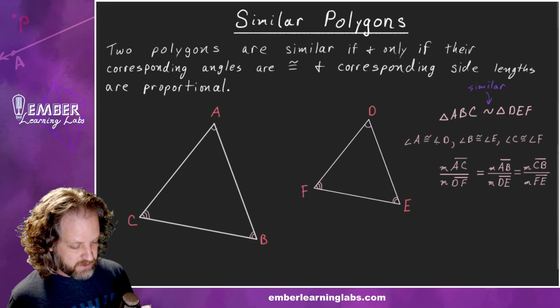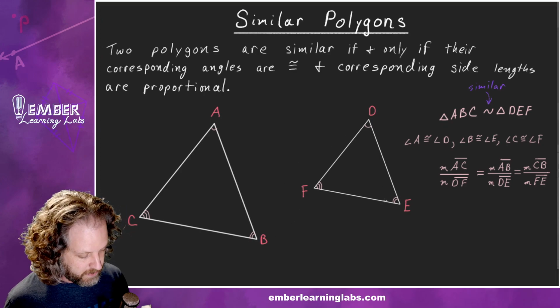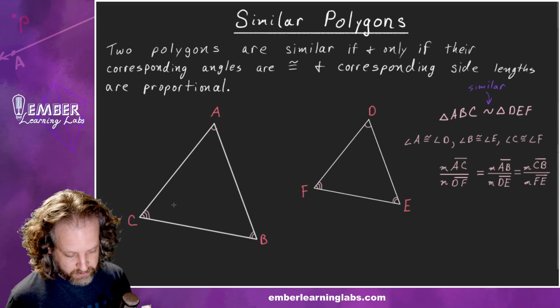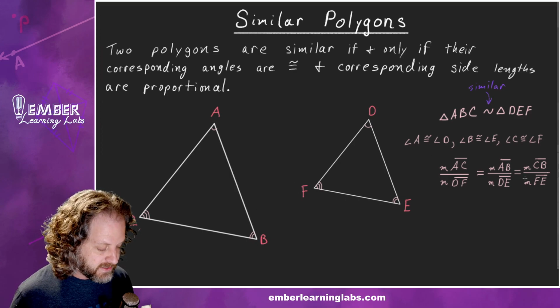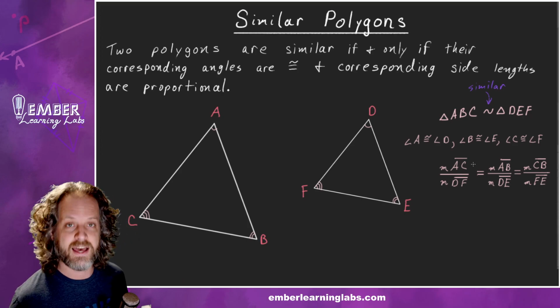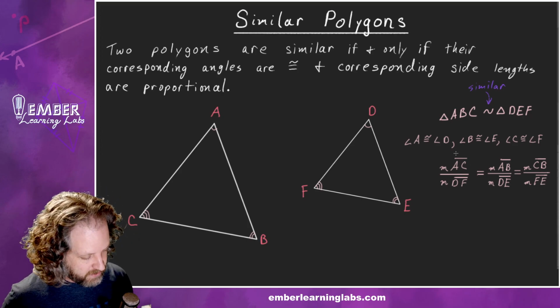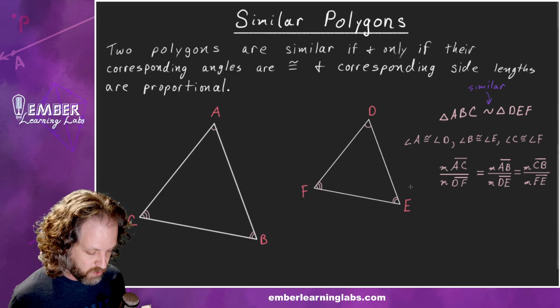That is true because angle A is congruent to angle D, angle B is congruent to angle E, and angle C is congruent to angle F. So all the angles are congruent and these sides are proportional. Their scale factor, we're going to remember what that is in a minute, but we can set up proportions with any of their sides and it all works.